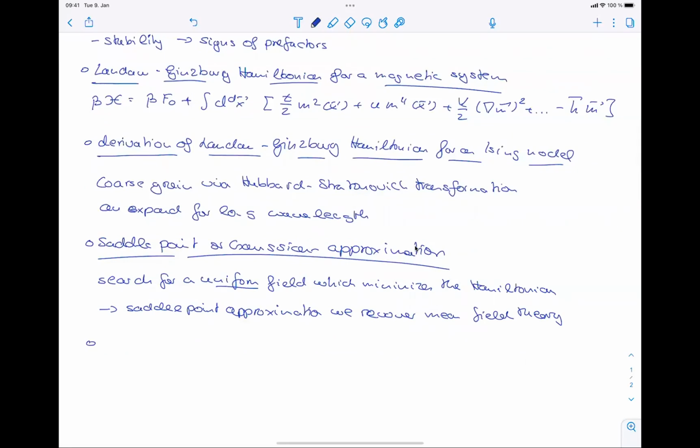And then we talked about breaking of symmetries. So we talked about continuous symmetry breaking.